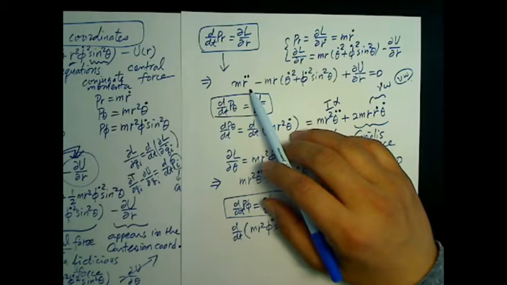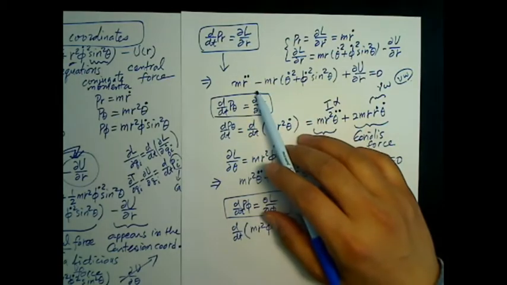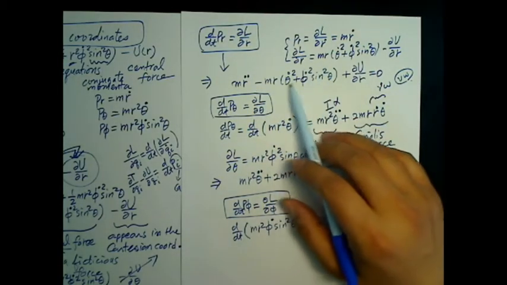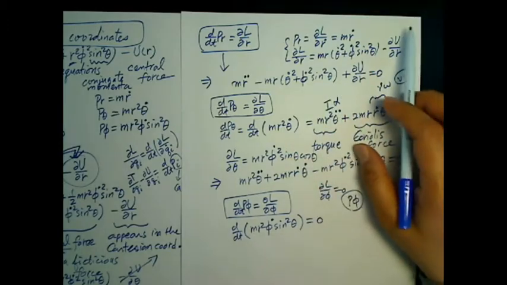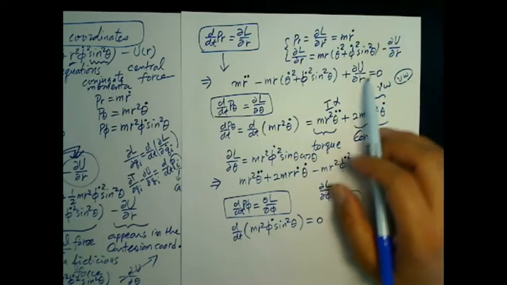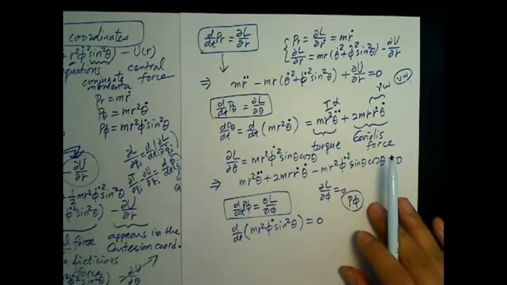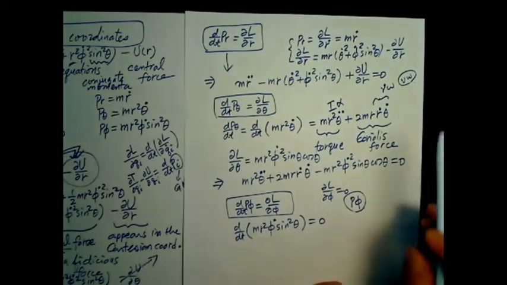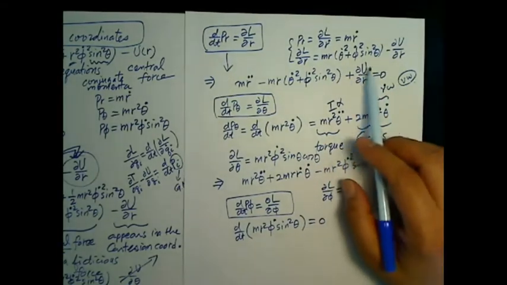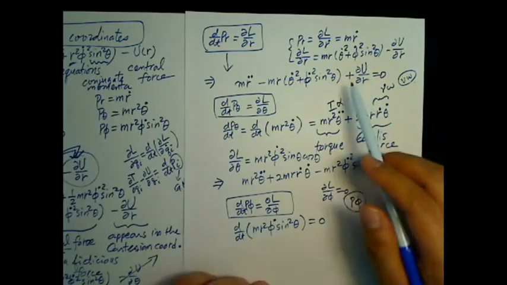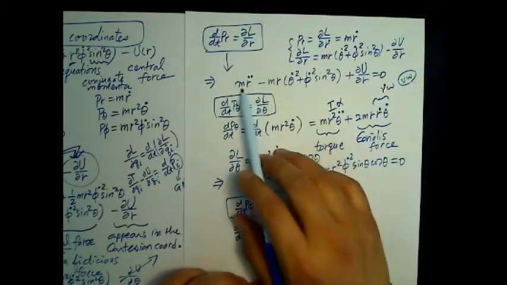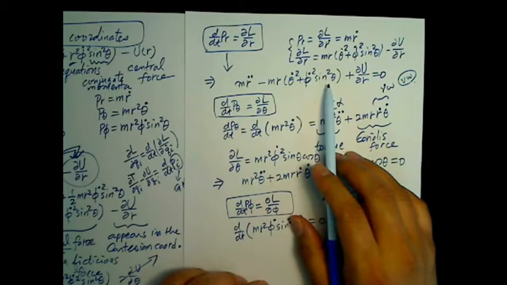mr double dot. Mr double dot minus mr, this one, and gradient contribution. So if there is no potential at all, mr dot has non-vanishing contribution.